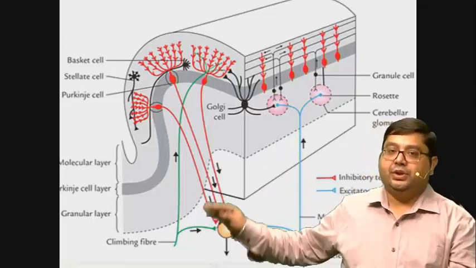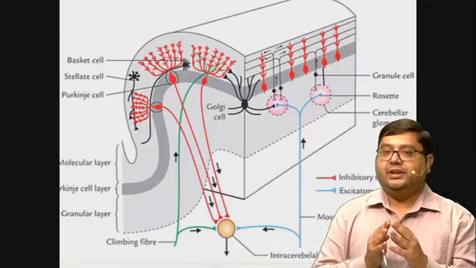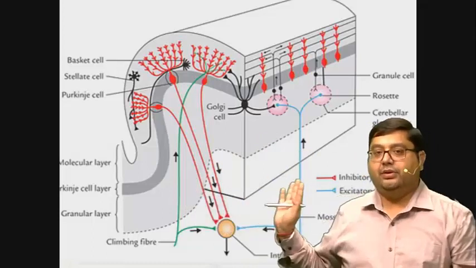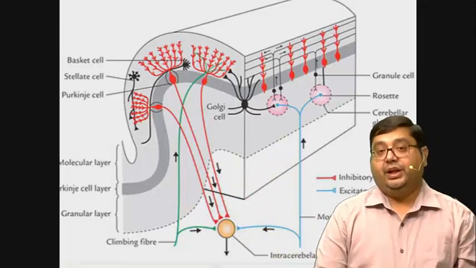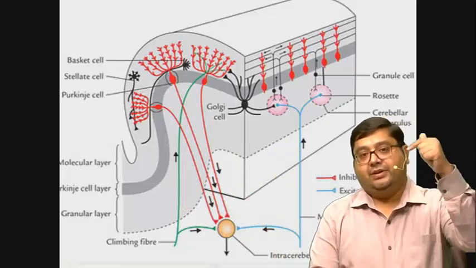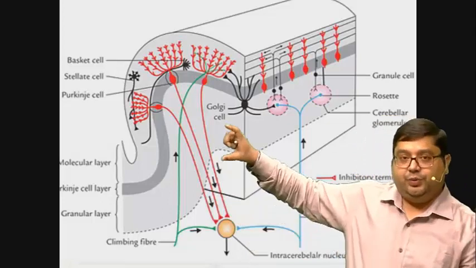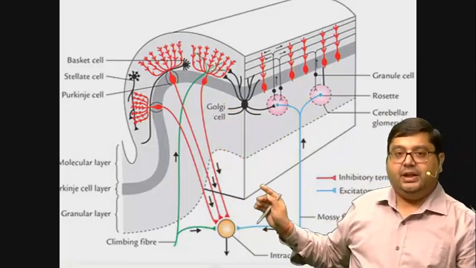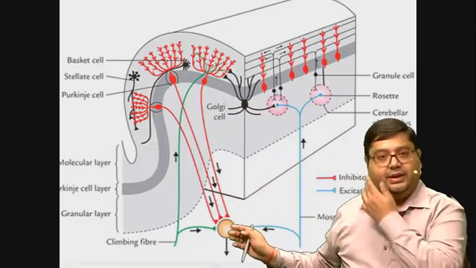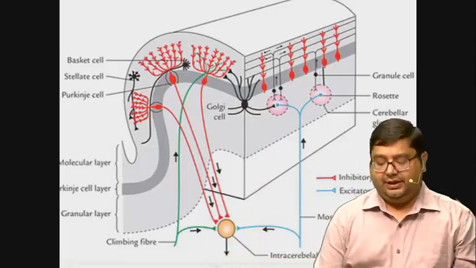Eventually Purkinje cells will get the information either directly or indirectly via these pathways, right? That is what we need to know, and the Purkinje cell after that will behave as the output cell. Output from the cortex is the Purkinje cell, but output from the cerebellum as a whole is the deep nuclei, right?